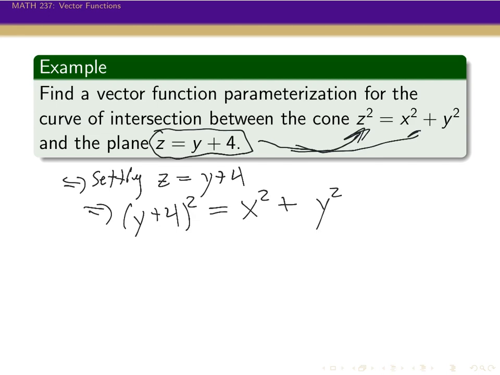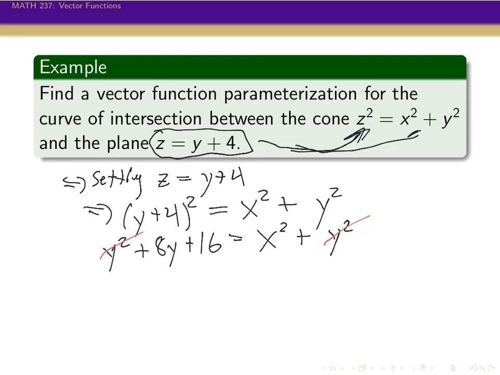If I square this out on the left, I get y squared plus 8y plus 16 is equal to x squared plus y squared. Now if you notice, we have y squareds on both the left and the right. So I can cancel those out. And I'm left with 8y plus 16 is equal to x squared.